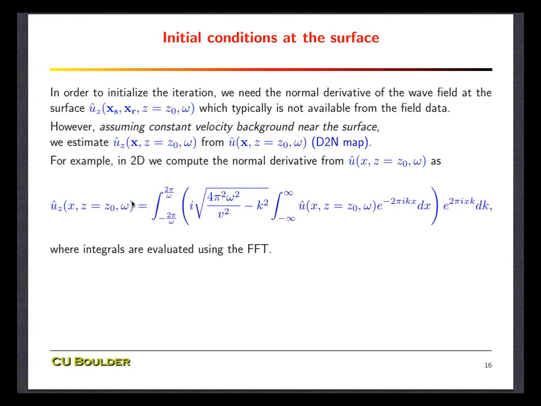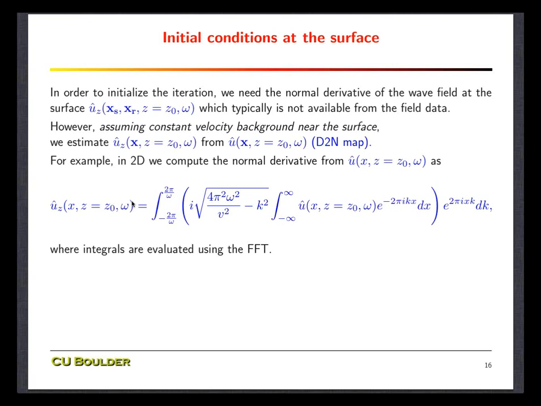So it is a problem because in order to compute normal derivatives, you need to compute the Dirichlet-to-Neumann map. Fortunately, for a half space in the constant background, it's easy. This formula gives you the normal derivative. So we deal with it so far by assuming that the measurement is done in a constant background.